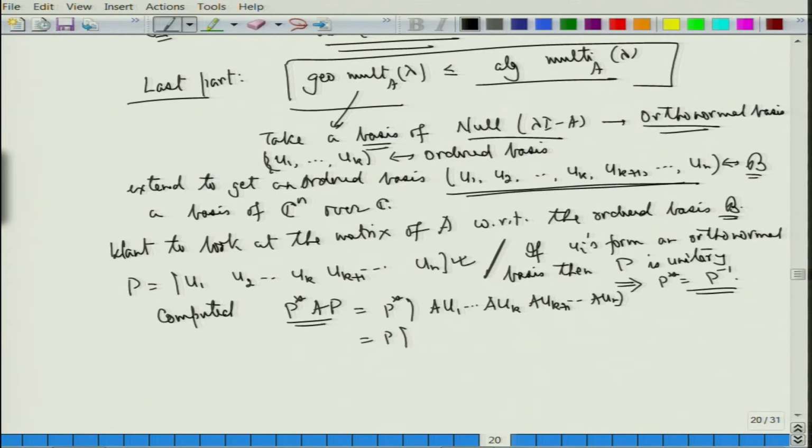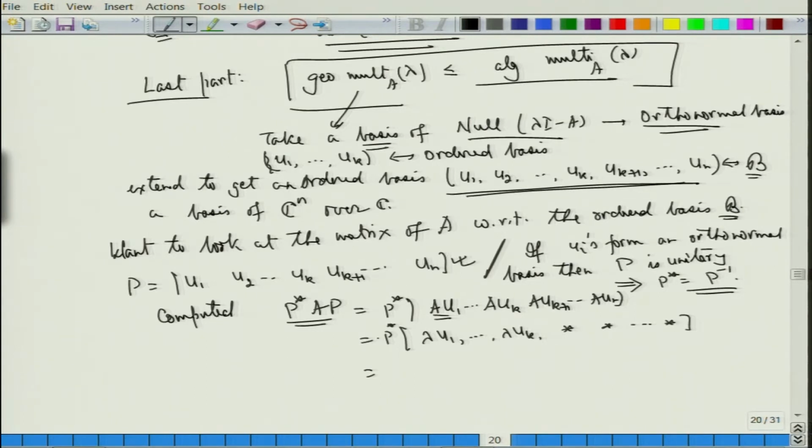This was nothing but P star of A of u1, which was lambda u1, so we are fixing lambda here, so let it be lambda itself, lambda u1 till lambda uk, and I don't know what we have here. There are some things that we do not know. So when I put in P star here again, what we are saying is P star is P inverse, you just have to multiply by it, fine.